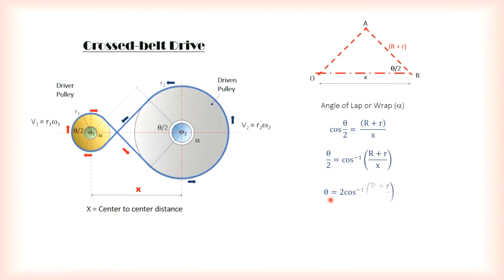We have theta equals 2 cos inverse of (R plus r) over X. Once we have found theta, which is this whole thing here, if I want to find alpha, I need to take the complete angle of a circle, which is 360 degrees, minus this portion here. So I get this angle of wrap alpha. This would be your angle of wrap for the cross belt drive.